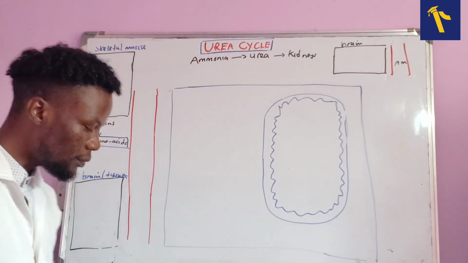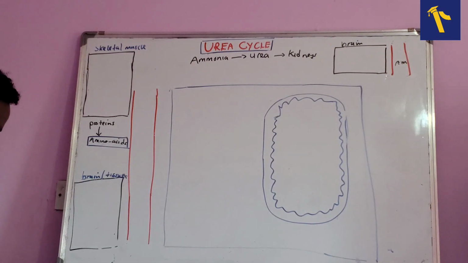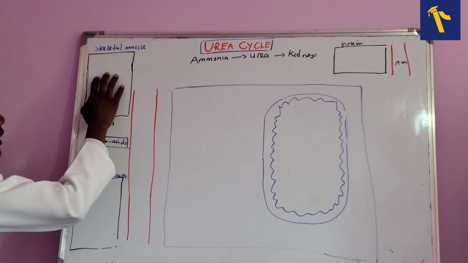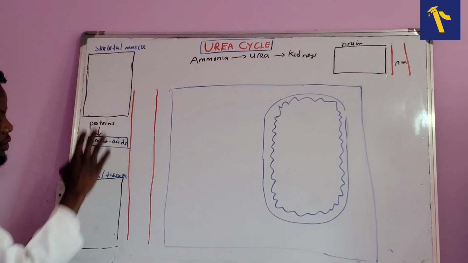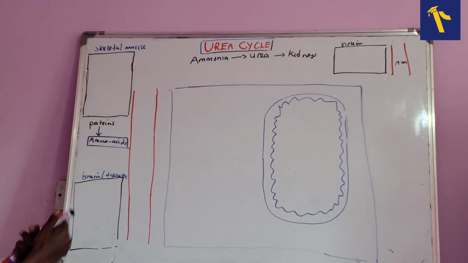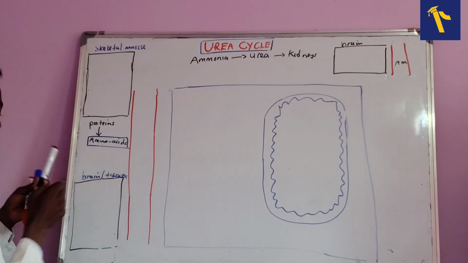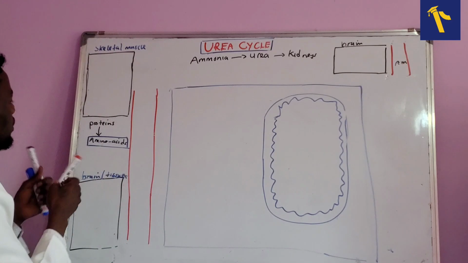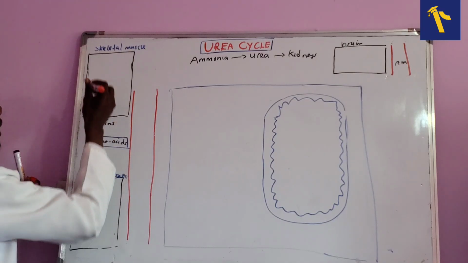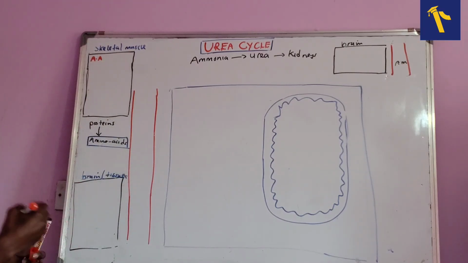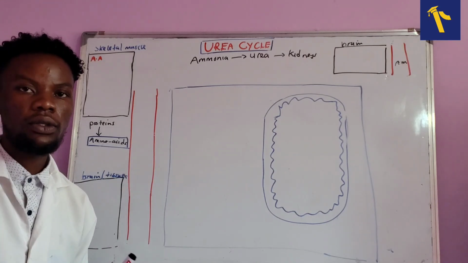Since we know that these amino acids are going to be taken up by skeletal muscles for various functions as well as by the brain tissue, let's start with the skeletal muscle. Let's say this is the ammonia. Let us use red now. This is the amino acid that has been absorbed by the skeletal muscle.